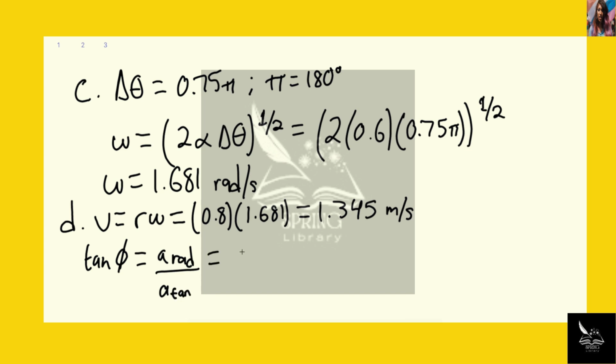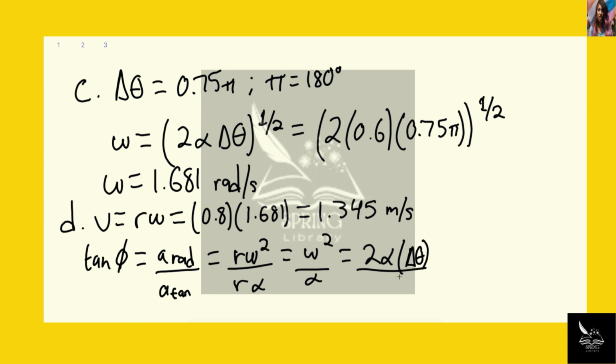We can find this to be r omega squared over r alpha, which is simply going to be omega squared over alpha, or 2 alpha delta theta over alpha, 2 times delta theta. And in this case, it's going to be 0.75 times pi.